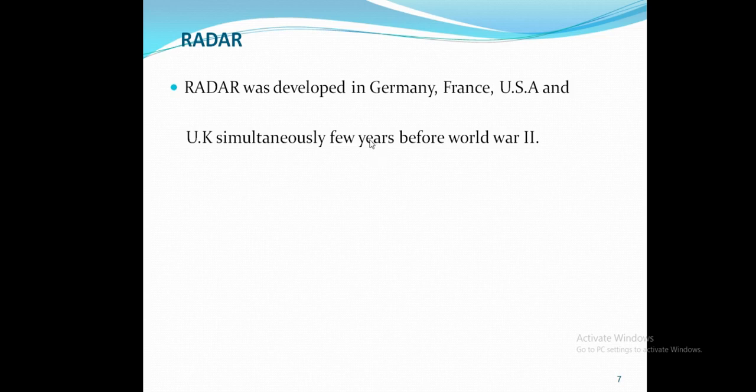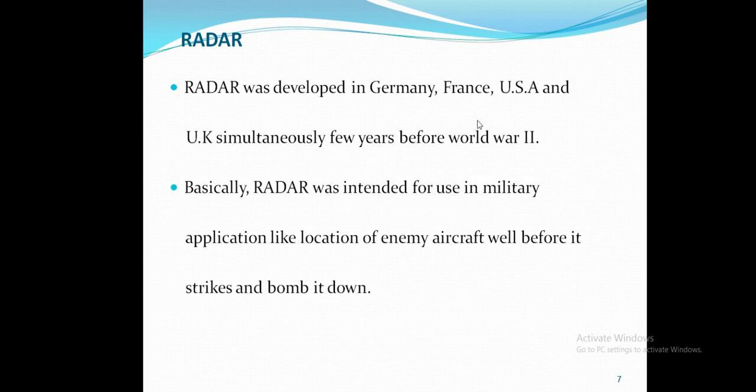Okay. So next one is about radar. The radar was developed in Germany, France, USA and UK simultaneously a few years before the Second World War. So before the Second World War only, the radar was developed.